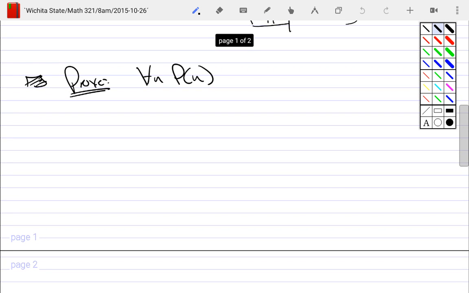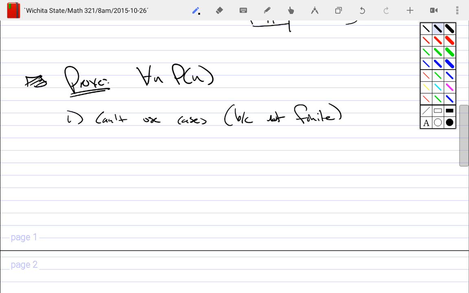And so we can't use cases because it's not finite. And the second thing that happens a lot of the time is we can't use generality for a lot of problems.